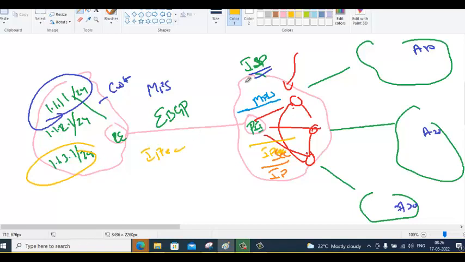If any traffic comes from this orange, where is orange? If any traffic comes from this, needs simple IP routing. You see, customer has got this constraint, this policy.